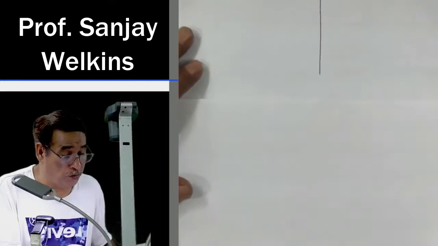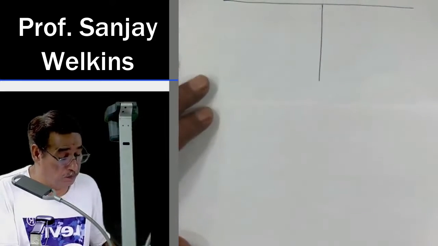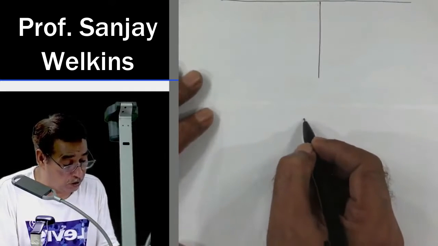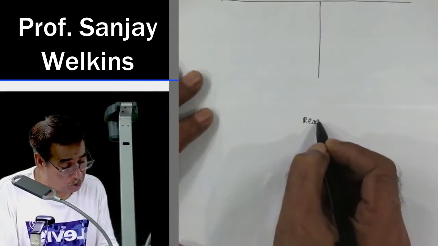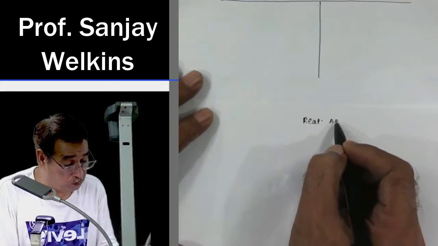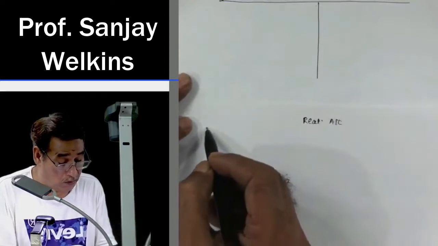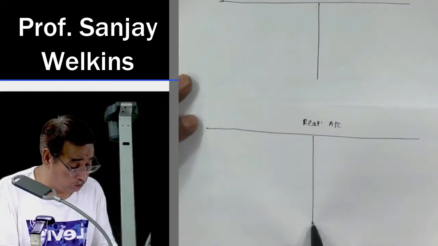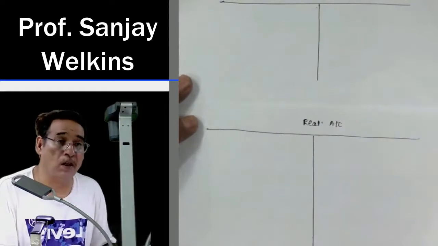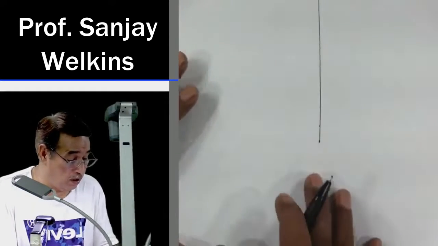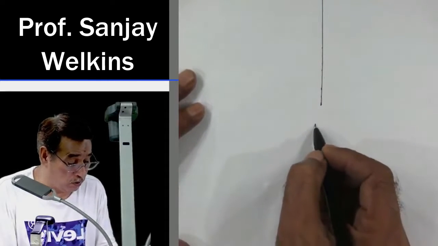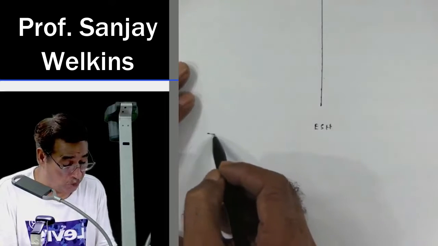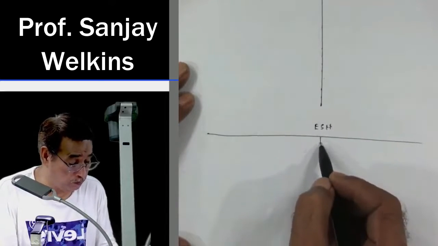Ultimately, I will need this sheet. So realization account, correct? And then finally, equity shareholder account.